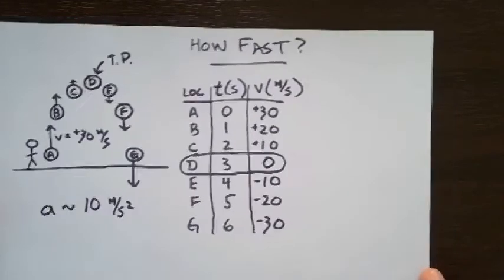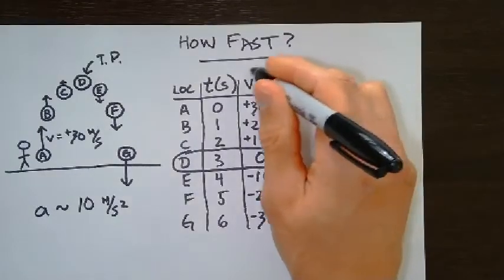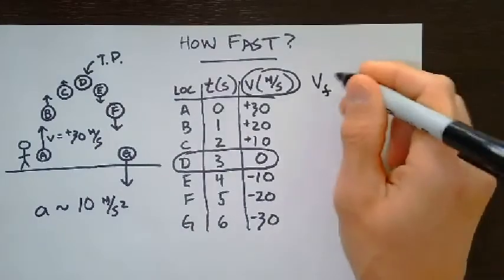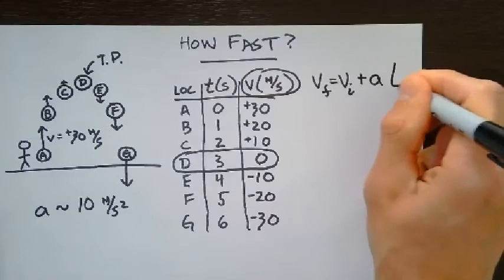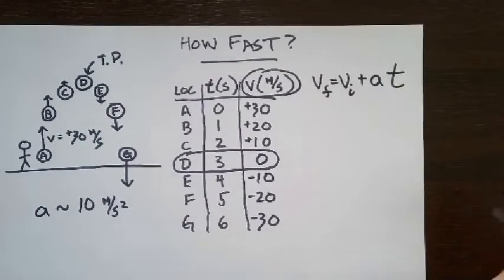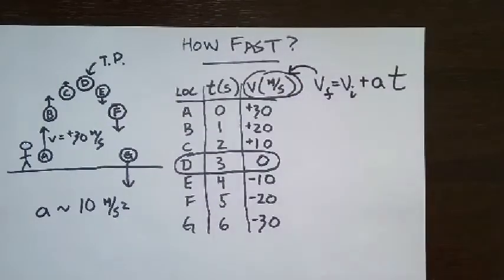All right, so what about the equation? The equation we've been using when we came up with these values is this one. It says V final equals V initial plus acceleration times time. Okay? And I want you to think about it. In this case, V final was what we were solving for.